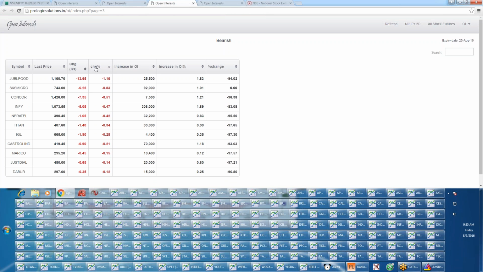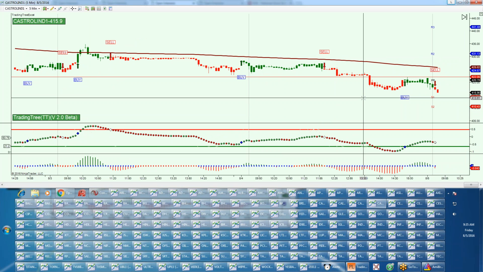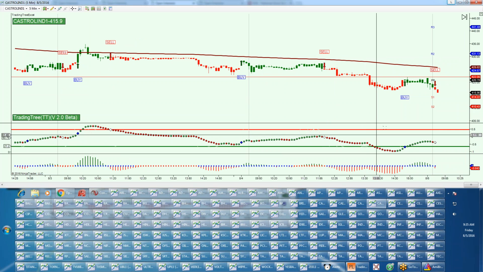So you can short Castrol now, and the volumes also seem decent, around 70,000 shares. So there goes. Your first target will be your S1 and then your S2.